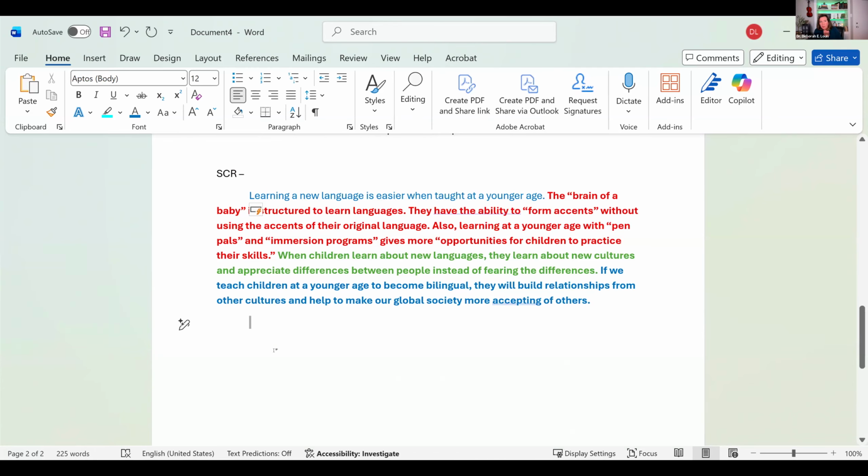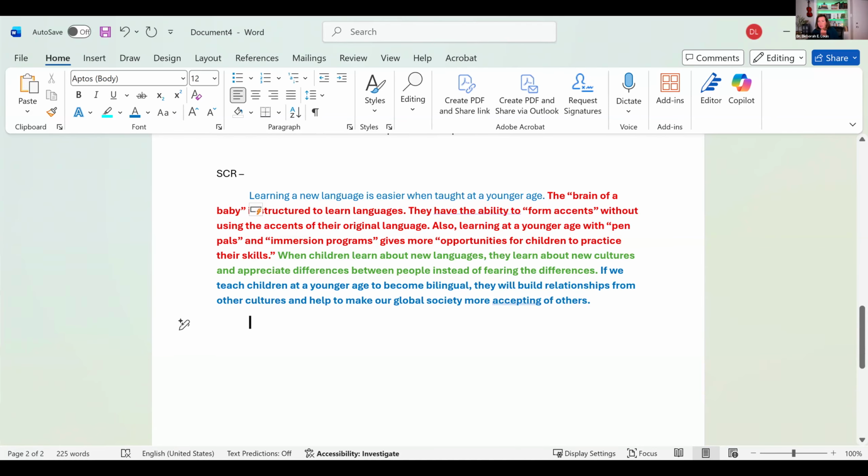I'm going to end with accepting other people's differences can help the world, and learning multiple languages at an early age is a good way to do this.